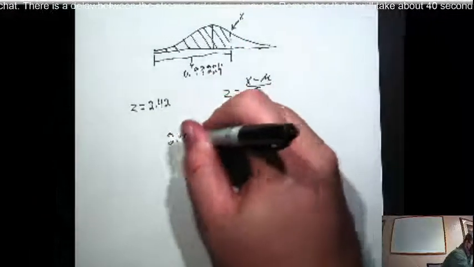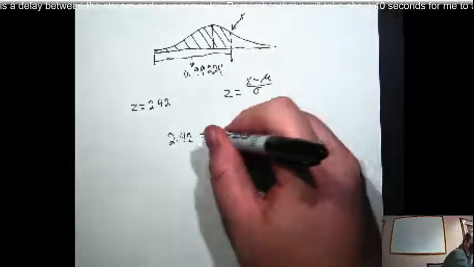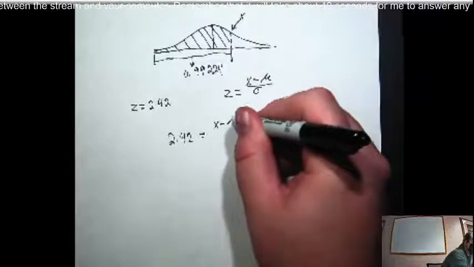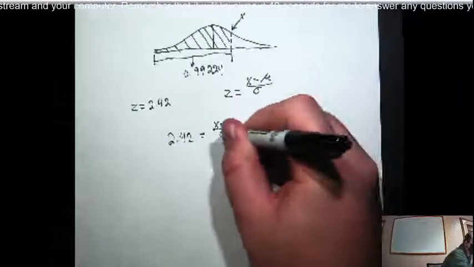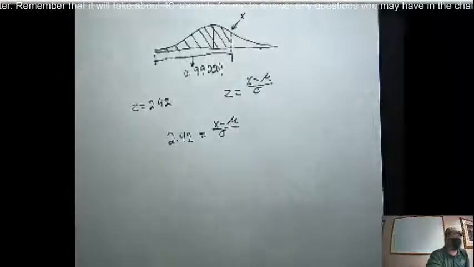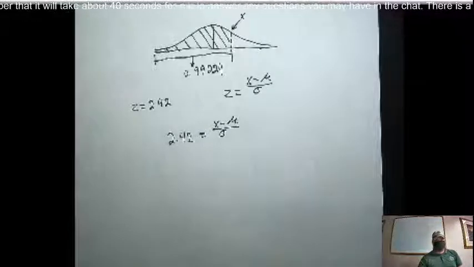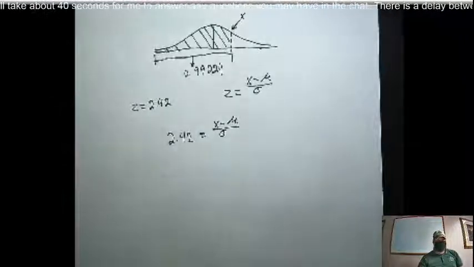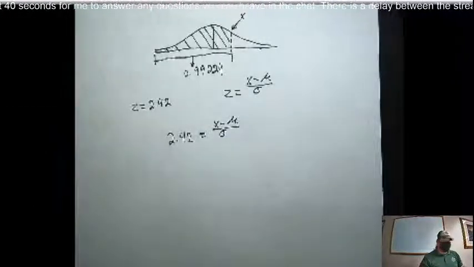So we have 2.42 equals x minus mu over sigma. With me so far? Okay.